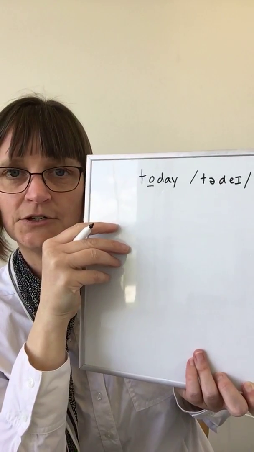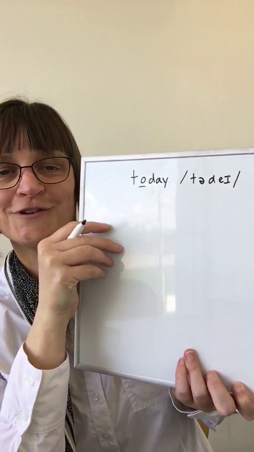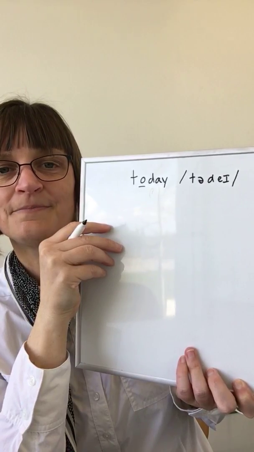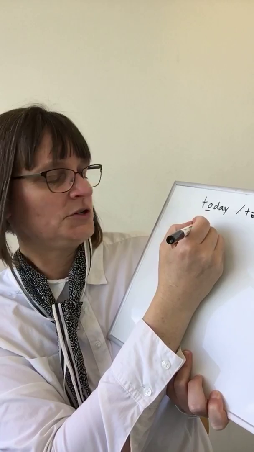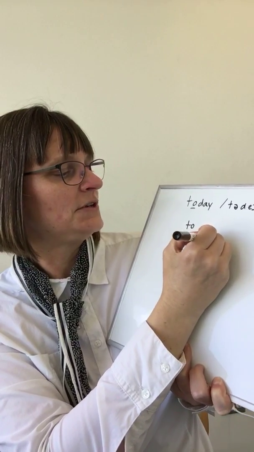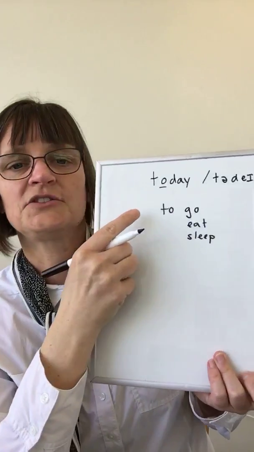You may be saying "today, tomorrow, tonight." Try to change over to the American pattern of "today, tomorrow, tonight." In the word "to," like to go, to eat, to sleep, it is correct to say "too."